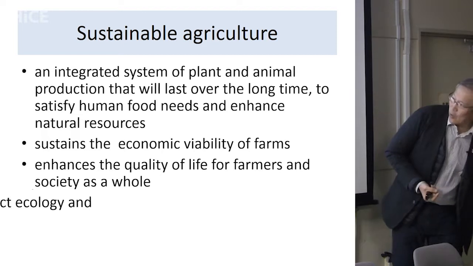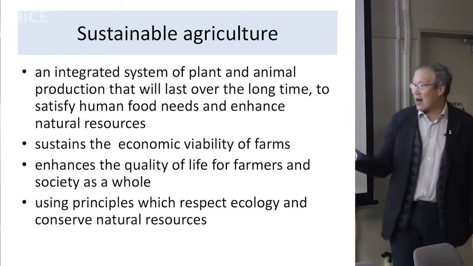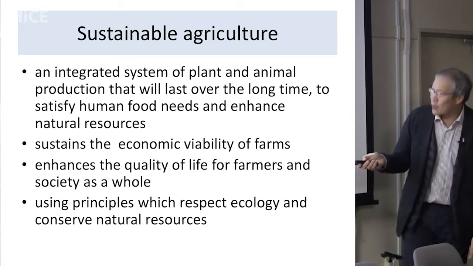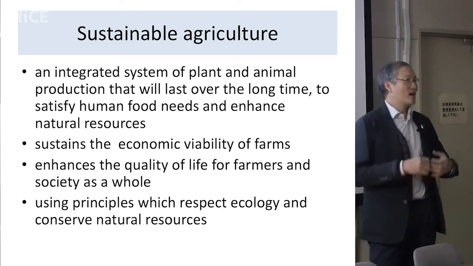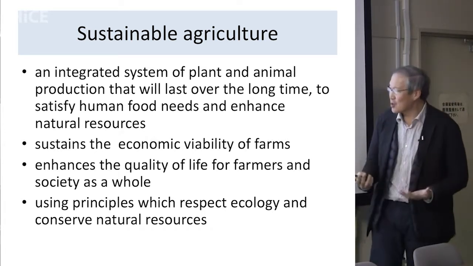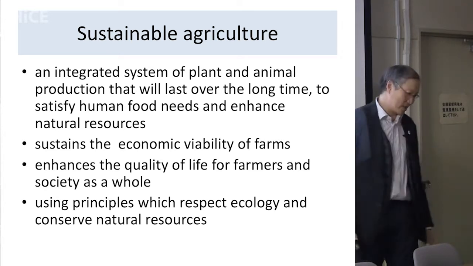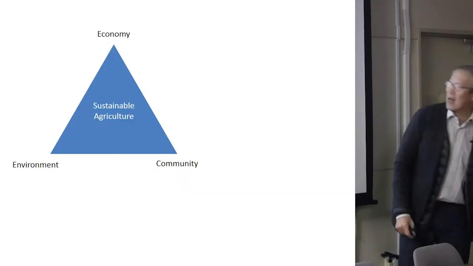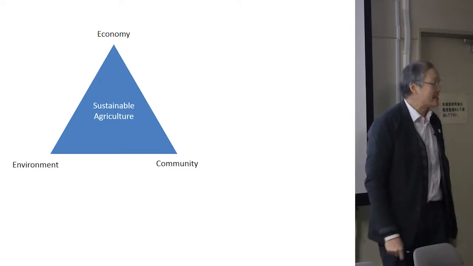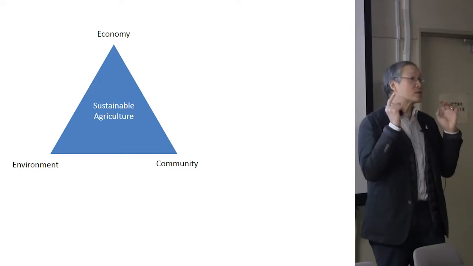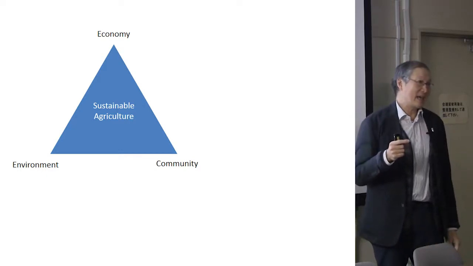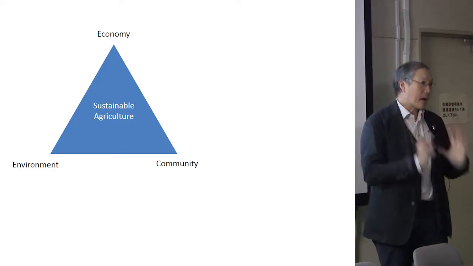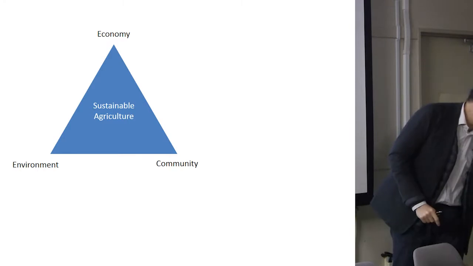Okay, so in sustainable agriculture we use principles that take into consideration ecology and conservation. So remember this one. I want to show you this diagram again. There are always three parts of sustainability that come into interplay.